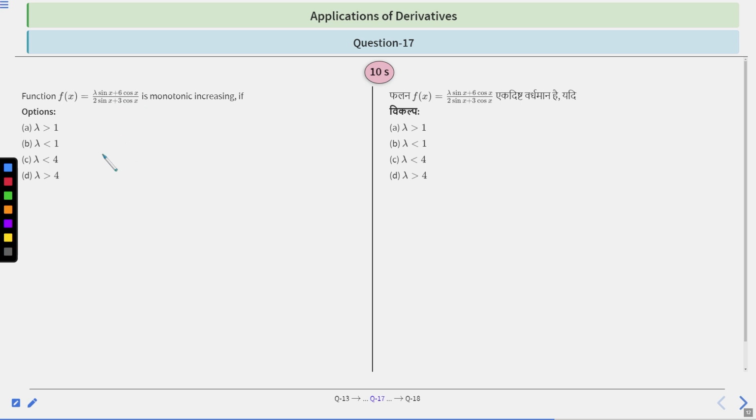Again, the hint of this question is: what is the condition for a function to be monotonic increasing? We must find f'(x) first, and make f'(x) greater than 0. On the basis of that, we will find the interval of lambda on which f'(x) is greater than 0. Clear? Again, you have 10 seconds to solve this question. After 10 seconds, we will discuss the solution.